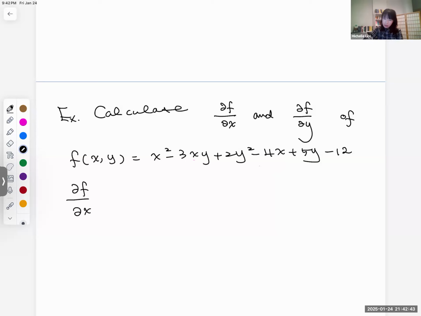Okay. Then we have only x and y variables there.